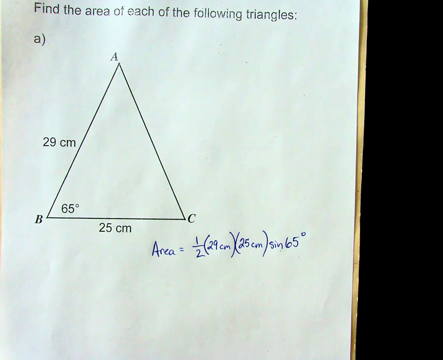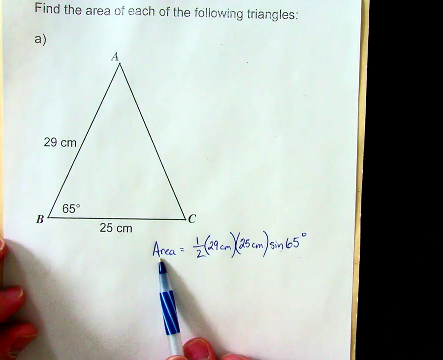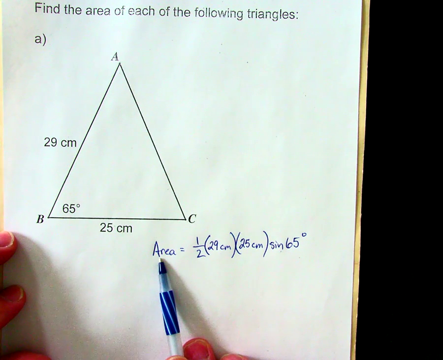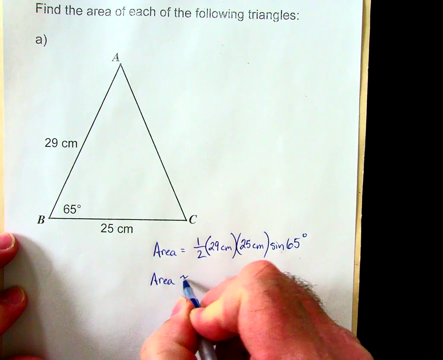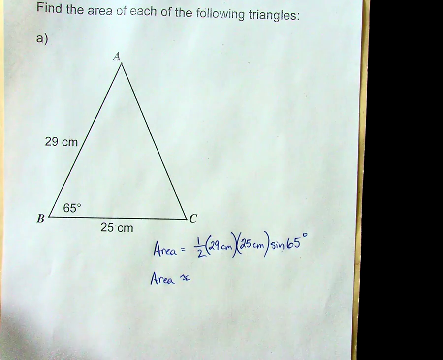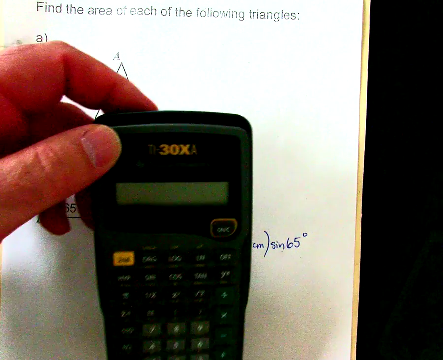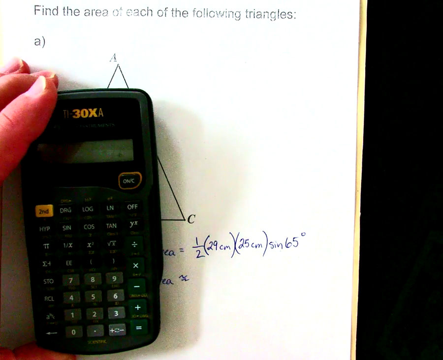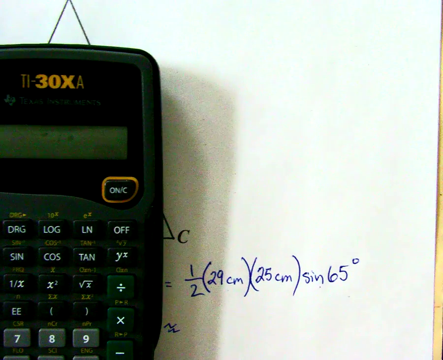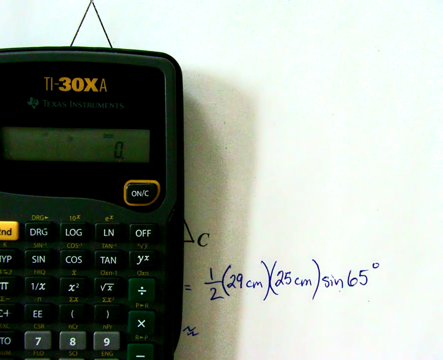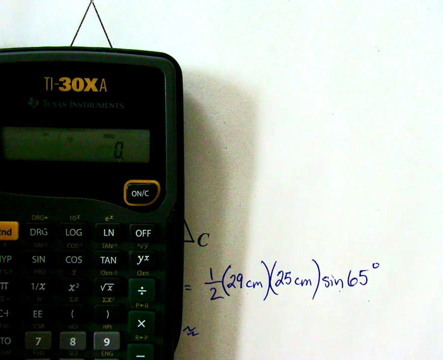So it doesn't matter which way I look at it there. Now I've solved for my variable. The variable is area. I'm ready to take out my calculator. My area probably isn't going to come out to a nice number, so I'm going to write approximately equal to. Let me zoom in again. 1/2.